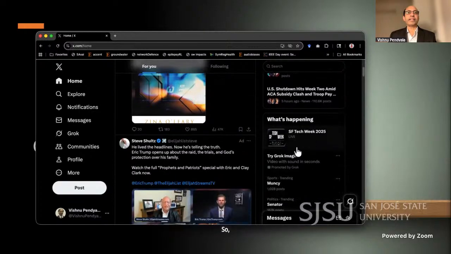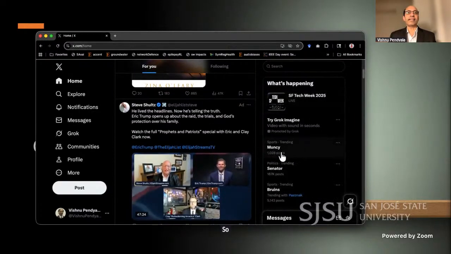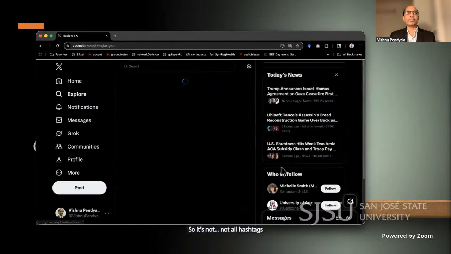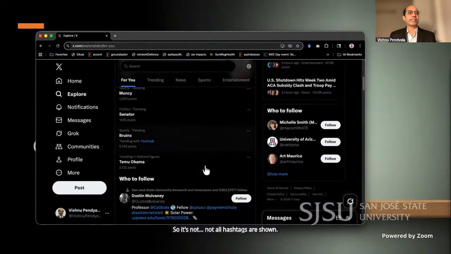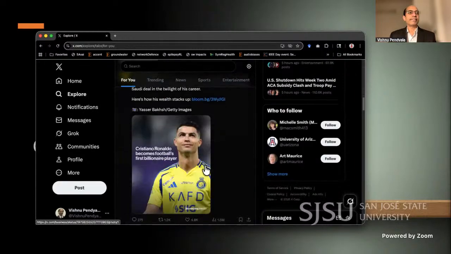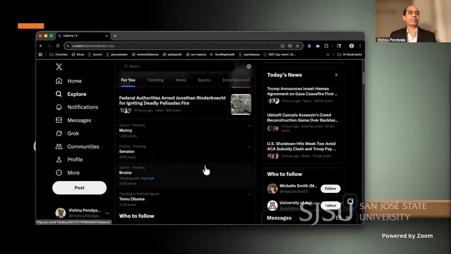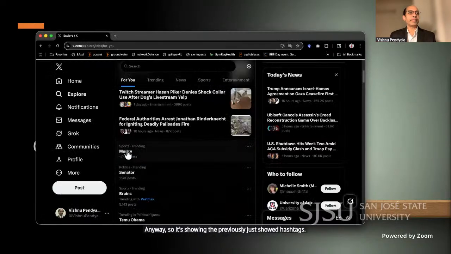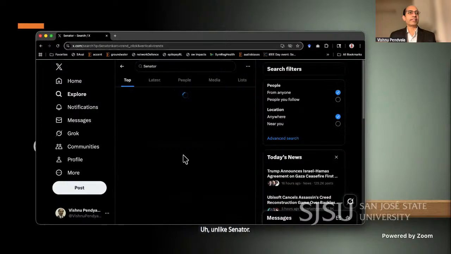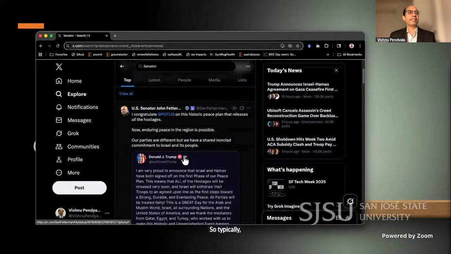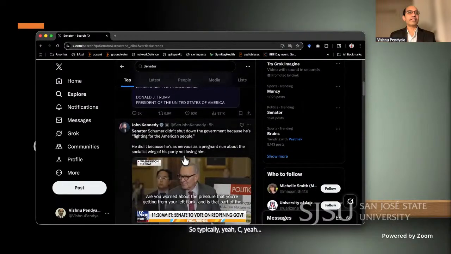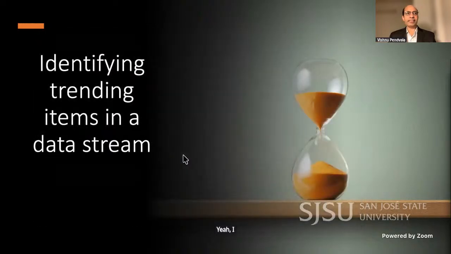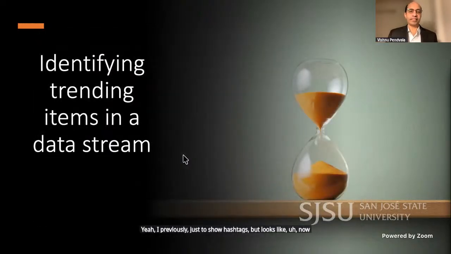These are the trending hashtags. Not all hashtags are shown. Previously it used to show hashtags, but it looks like now it is looking at words.